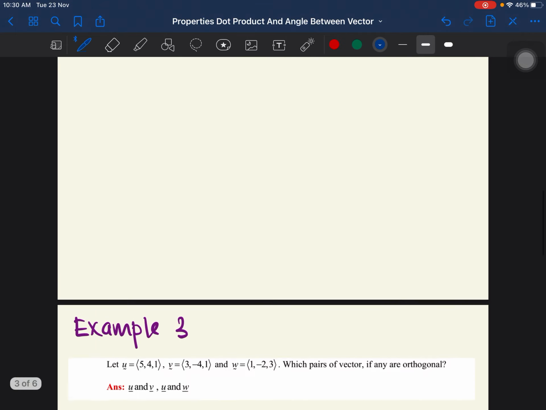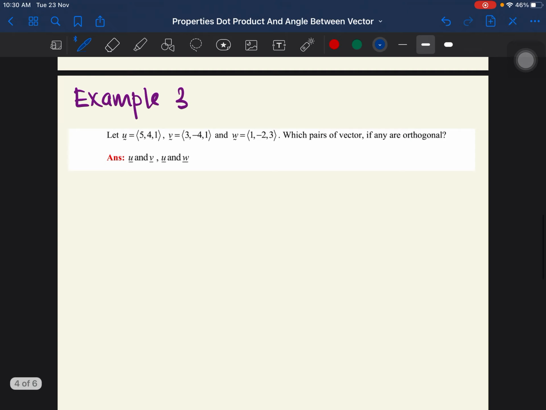Okay. So the last example here for these properties. So you are given 3 vectors. Okay, so which pair of vectors, if any, are orthogonal? So you are asked to identify which pair of vectors, if any, are orthogonal. Okay, so how many pairs will you have?